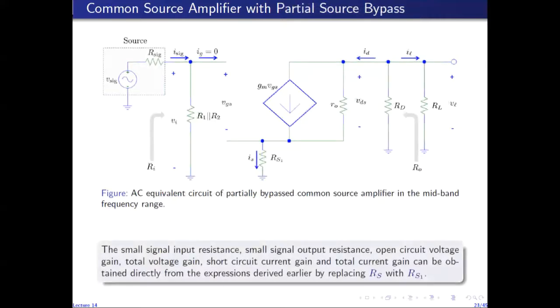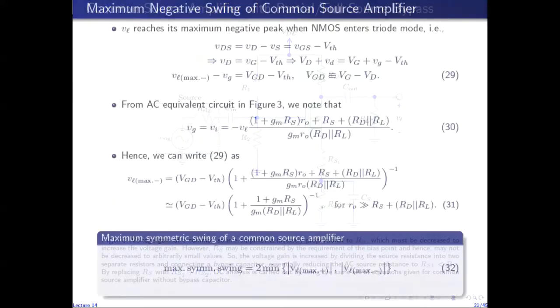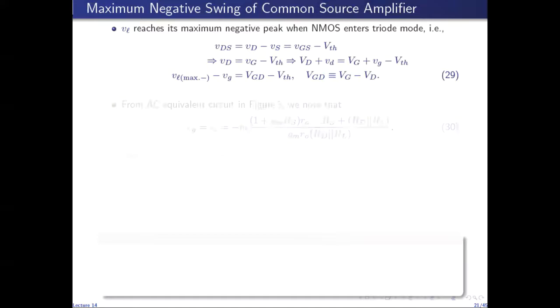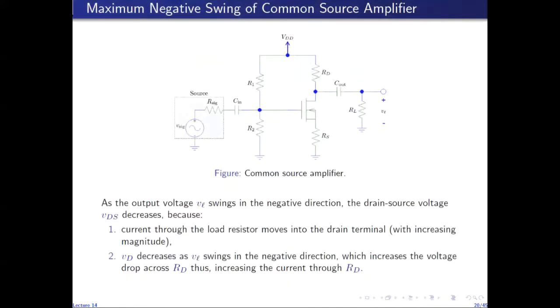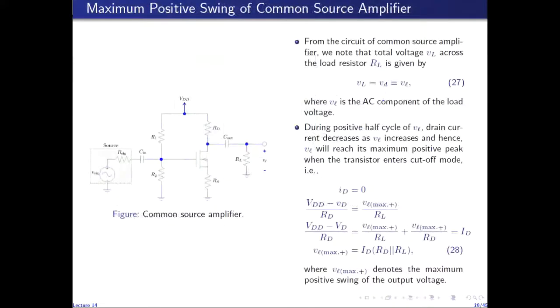So maximum positive swing and maximum negative swing, if I go back to the circuit. So this is the circuit we have, right? Now we have RS1 and RS2, and we have a capacitor at RS2. The maximum positive swing does not depend upon RS, so there will be no effect on maximum positive swing.